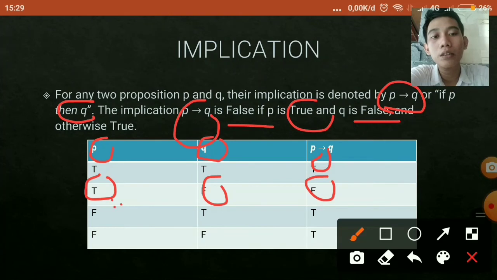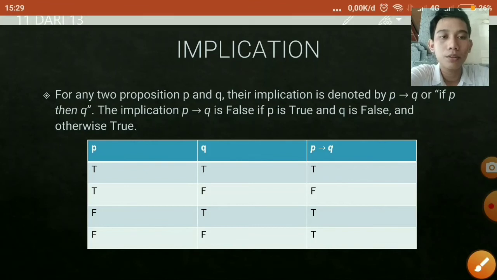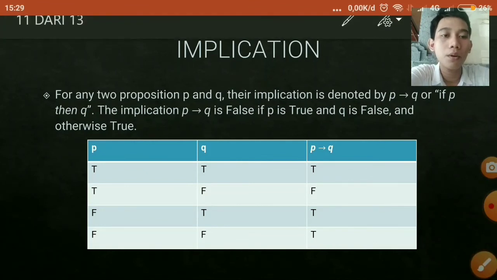If P is false and Q is true, then if P then Q is true. If P is false and Q is false, then if P then Q is true.